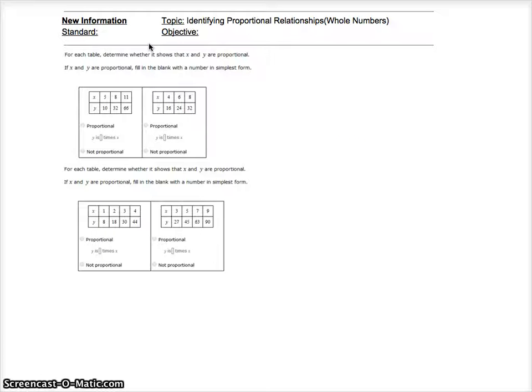So proportional means that all my ratios are equal. All ratios are equal. So in order to figure out if all the ratios are equal, we first need to write the ratios in y to x form.